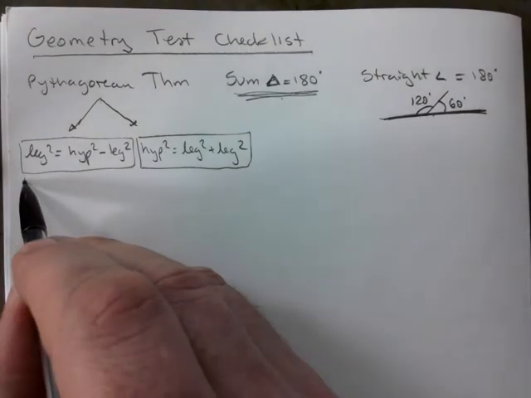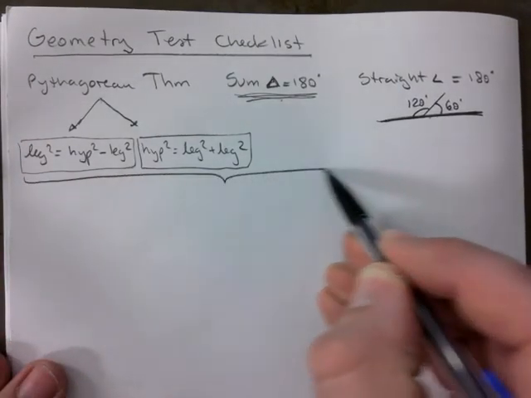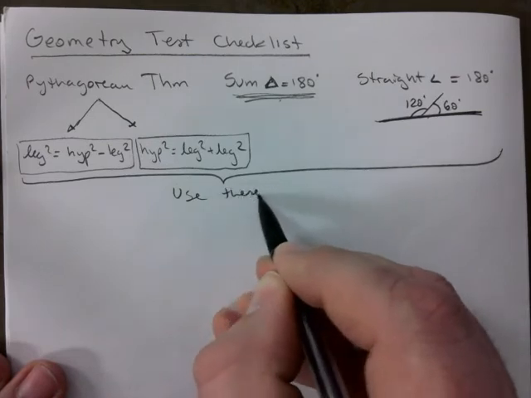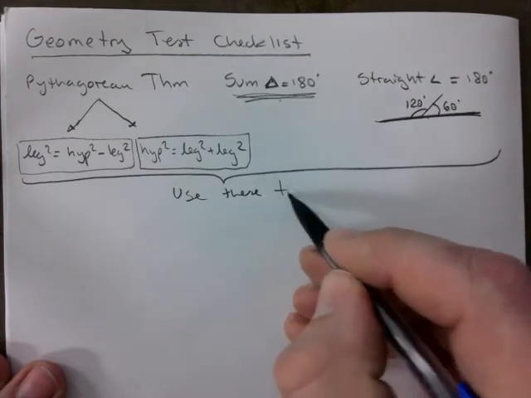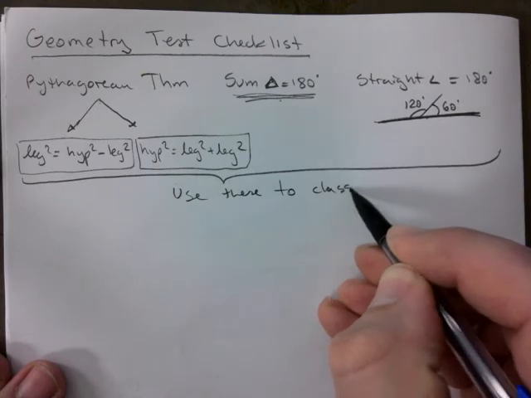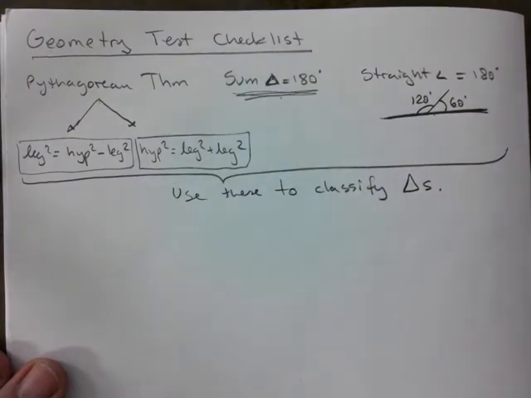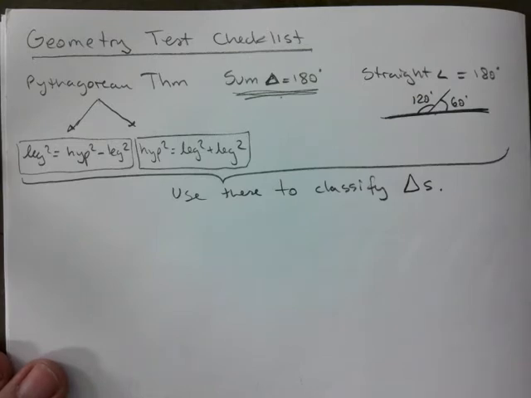Okay, so I'm going to say use these to classify triangles. I'm going to have a bunch of those mixed in sometimes. You're going to be solving for something, and it's like, hey, classify this triangle.